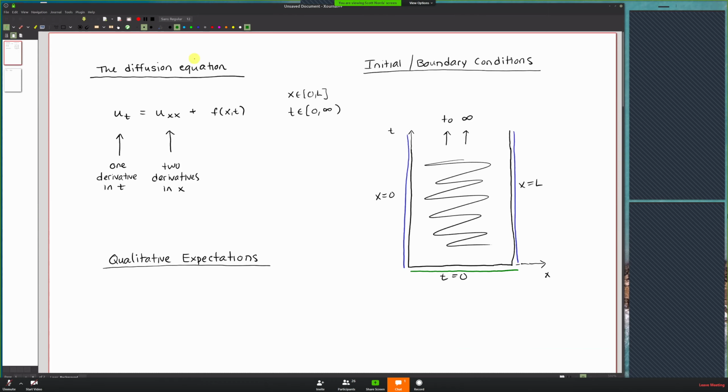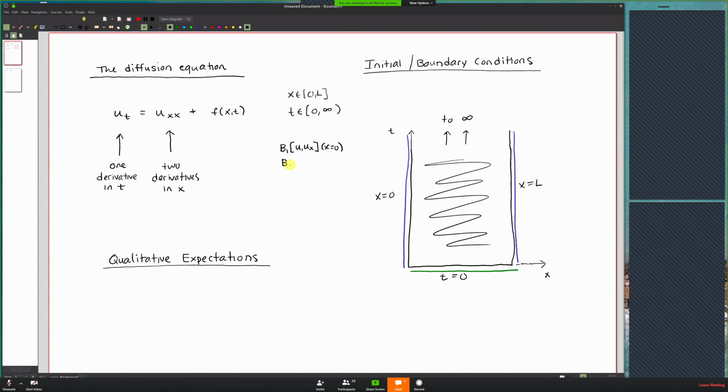All right. So what's going to happen is that we now have three conditions that we need to write down. We might have a boundary condition that takes place at x equals 0.